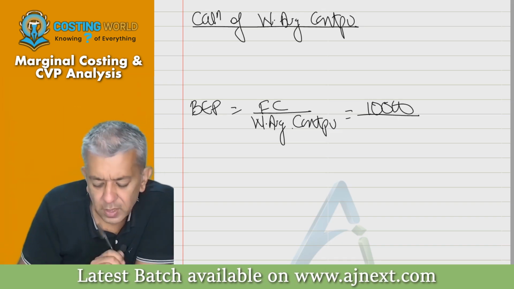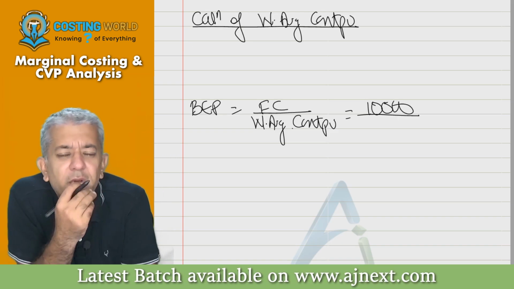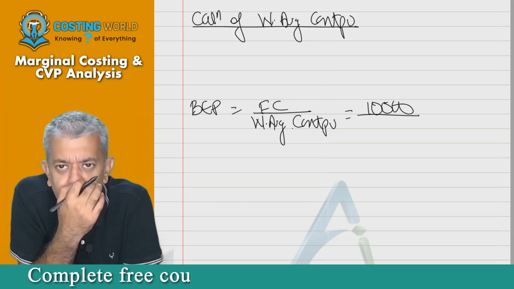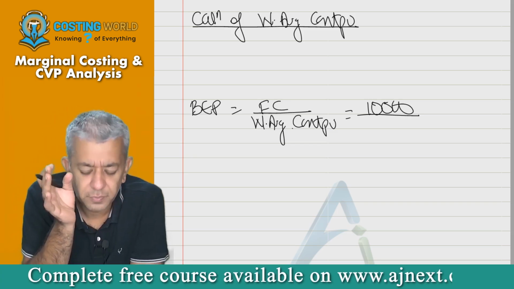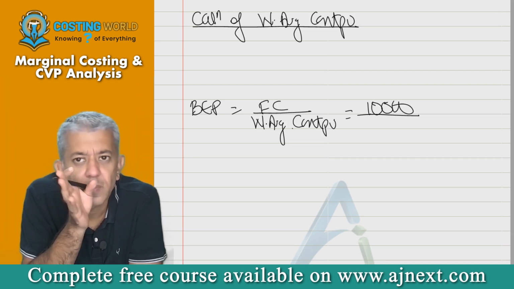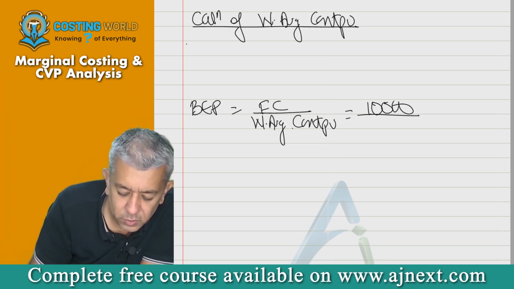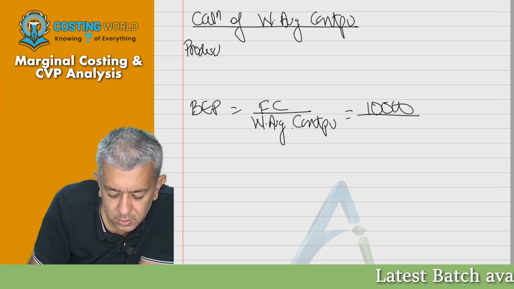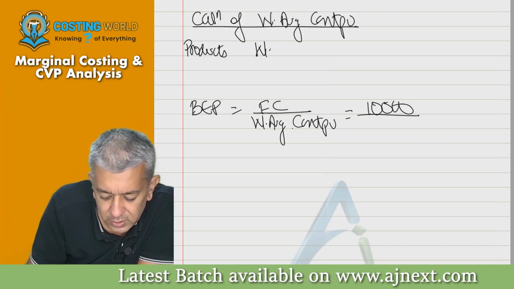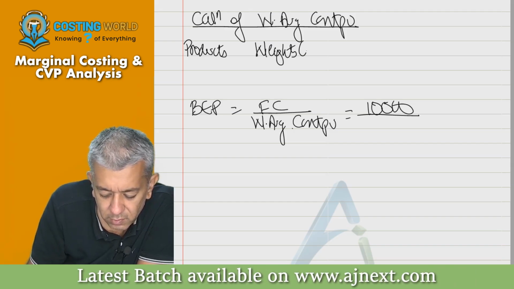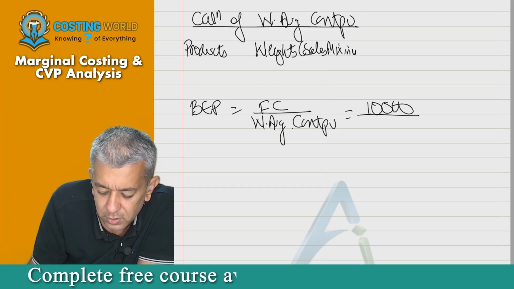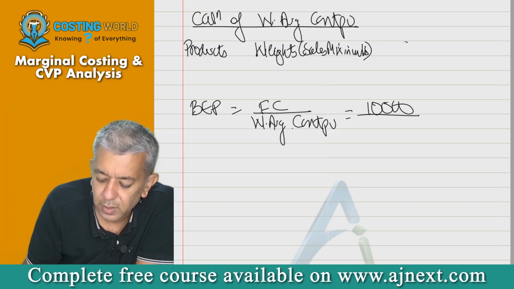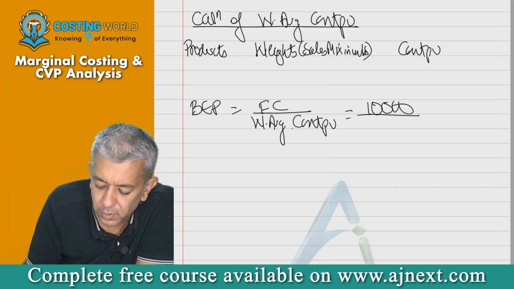Whenever you are finding weighted average contribution per unit, your weights will be what? Sales mix in units. So write down products, weights, which will be sales mix in units, then contribution per unit, and then total.